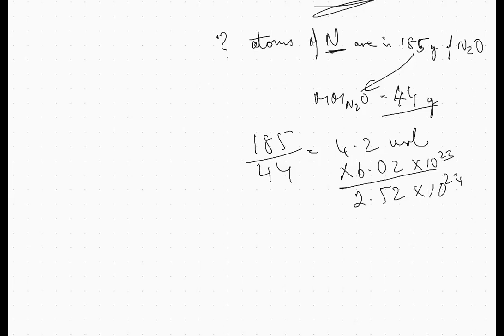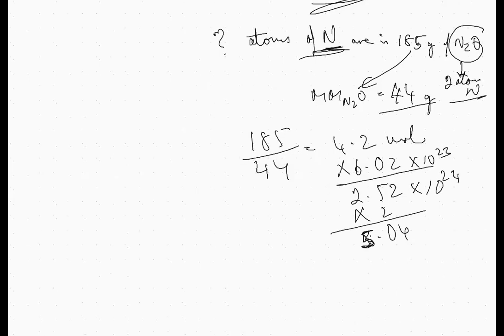Earlier, if you had the total atoms it was 3, but they're asking only nitrogen, so 2. So it has to be twice of that. So 5 times 10 to the 24 would be the closest answer.